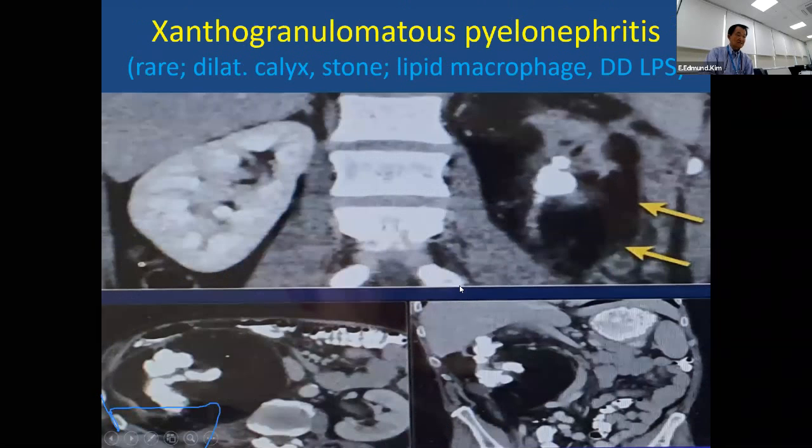So it's not easy. All this xanthogranulomatous pyelonephritis, granuloma together and things.